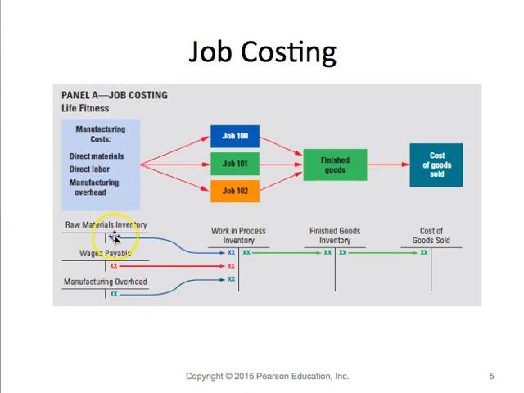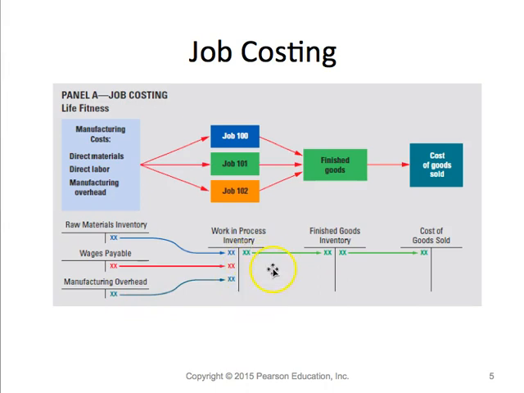When you do the journal entry, you're going to have less in your raw materials because you use them. So you credit raw materials, and you debit work in process. You're going to have an increase in your wages payable because you have liabilities to pay your employees, and then it's also transferred to work in process inventory. My manufacturing overhead also will be credited as a cost, actually as an expense, and then it's debited to your work in process.